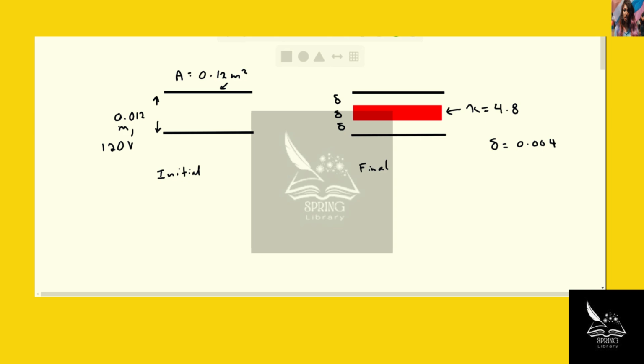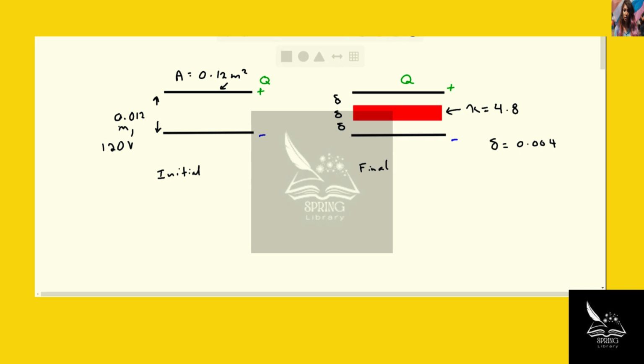So let's make the positive plate above and the negative plate below. If you've disconnected the battery, the charge remains the same. There's no place for it to go. It's going to stick on those plates, and that's the second way you can set up this arrangement.